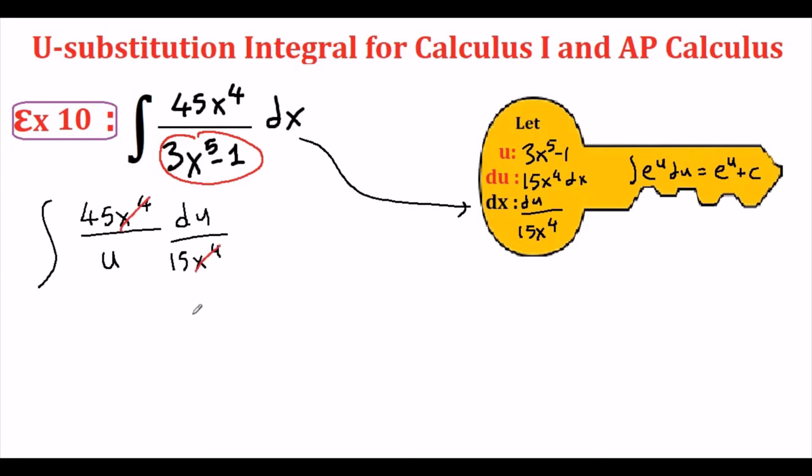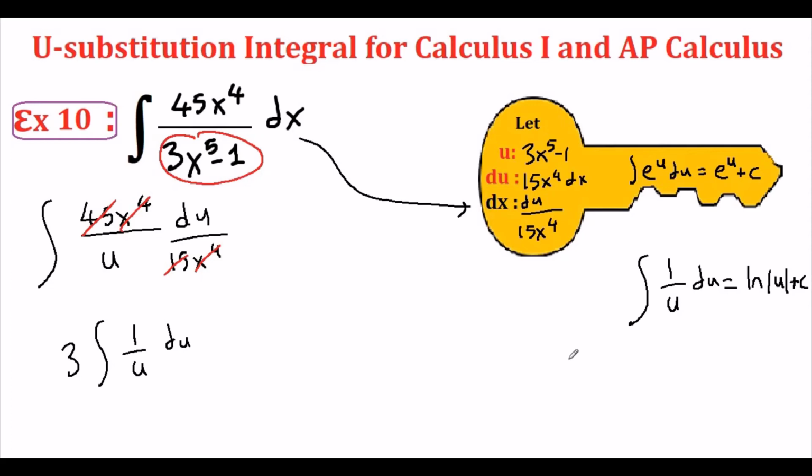x to the 4 cancels x to the 4. 45 divided by 15 is 3. Now we have 3 times the integral of 1 over u du. We know that the integral of 1 over u du is ln of u, or the integral of 1 over x dx is ln of x plus c.